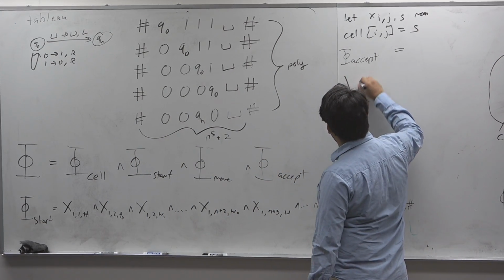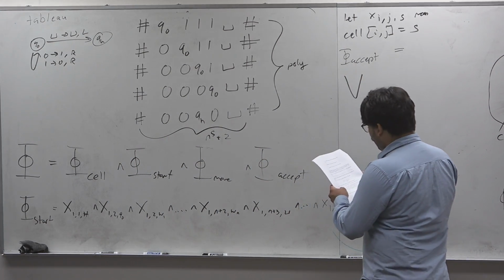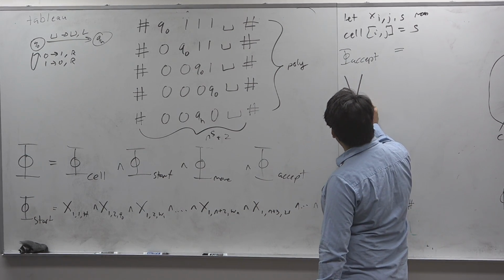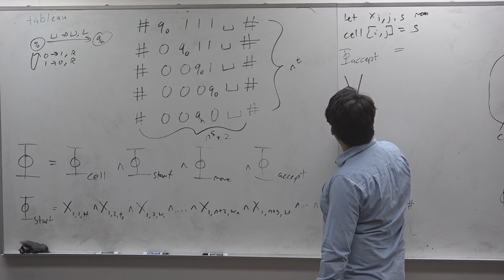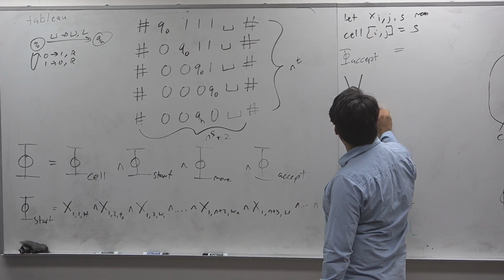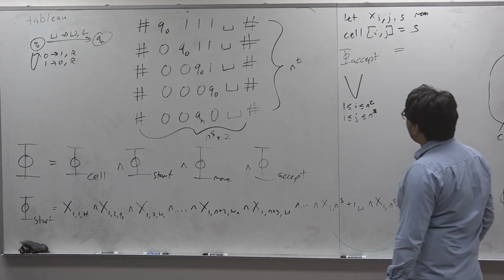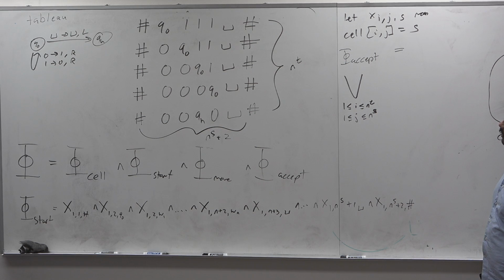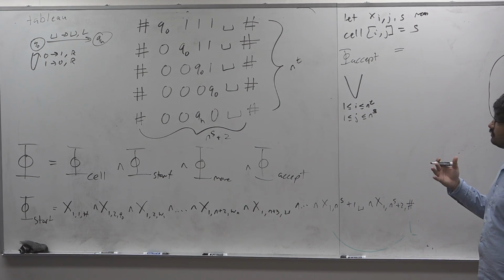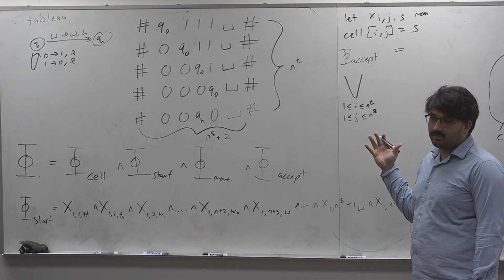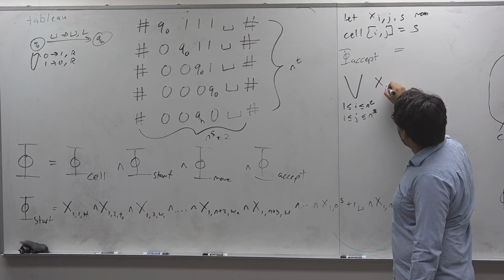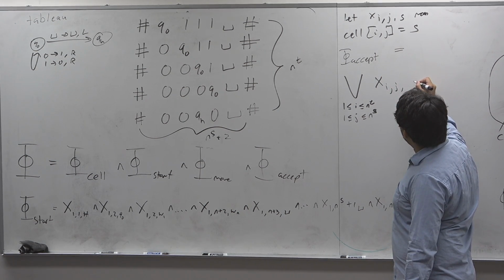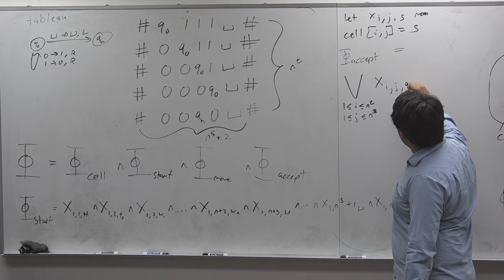It's going to say an OR over 1 ≤ i ≤ n^t, and let this be n^t, and 1 ≤ j ≤ n^s. If any of these, any symbol in this table, is an accepting state, we accept. Sorry, this formula will be satisfiable: x_{i,j,q_accept}.